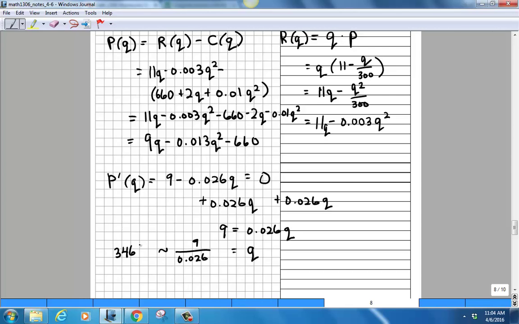So see, not all that bad. And I think all the problems in the marginal profit homework are very similar, some a little bit easier, some a little bit harder.